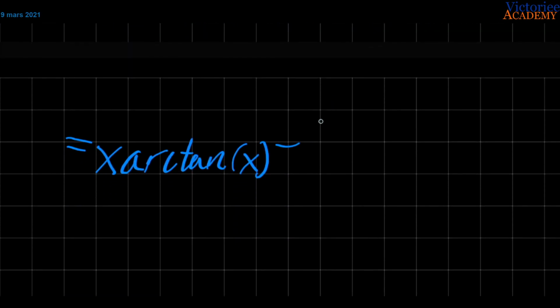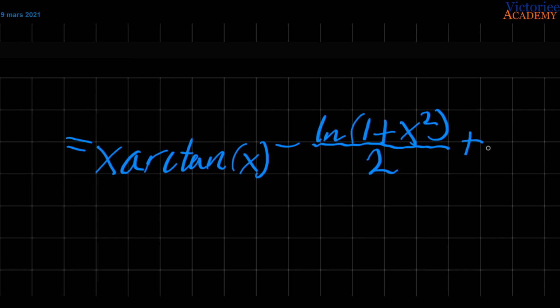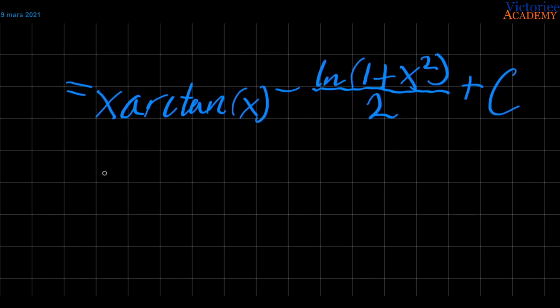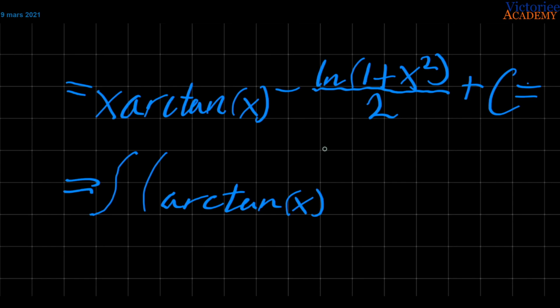We do that immediately here: natural logarithm of 1 plus x squared over 2 plus a constant. And that's the primitive function of arctan of x. So this is equal to what we started with. Like this, and the problem is solved.